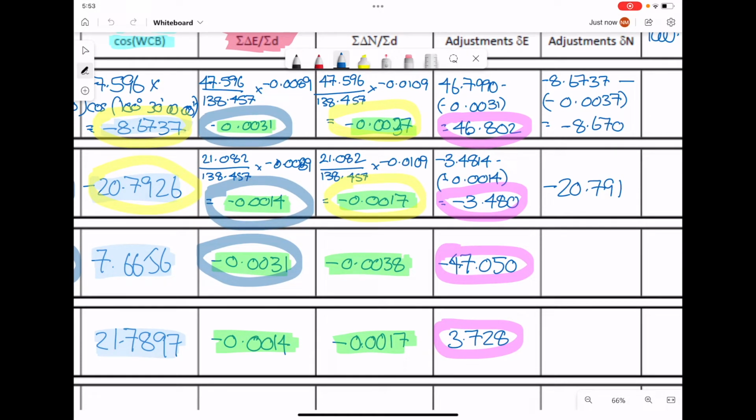For the next two rows, partial northing, the adjustment for the northing in that row to give us 7.669. And for the last row, partial northing, the adjustment for that northing to give us a value of 21.791.